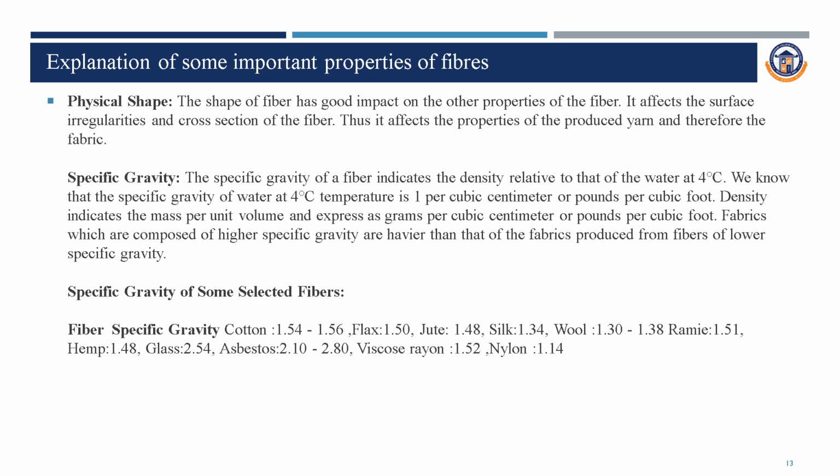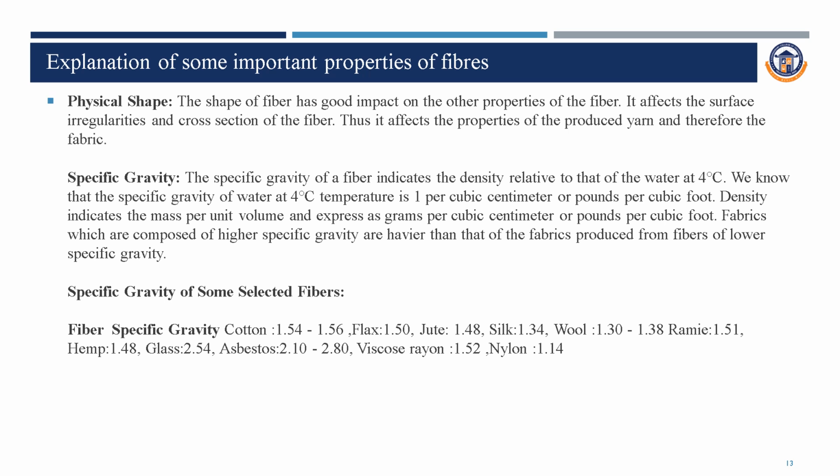Next we see about the physical shape and specific gravity. The shape of the fiber has a good impact on the other properties of fiber. It affects the surface irregularity and cross section of the fiber.